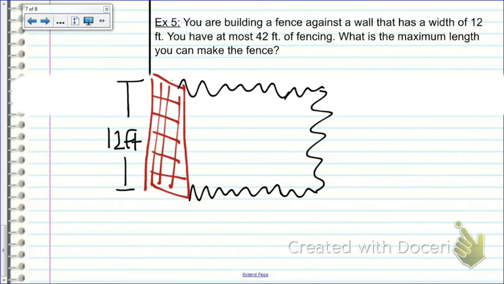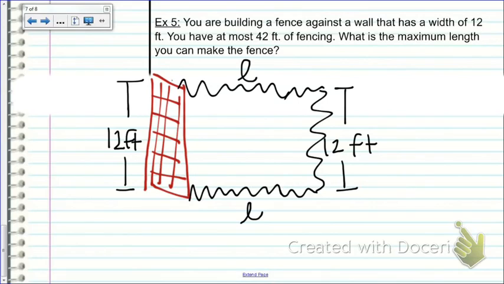So if the width of my wall is 12, that means this part of the fence also has to be what? So 12 feet. And so I don't know the length, so I'm going to label it L. And I like to use cursive L's when I'm talking about length because then it doesn't look like a 1.